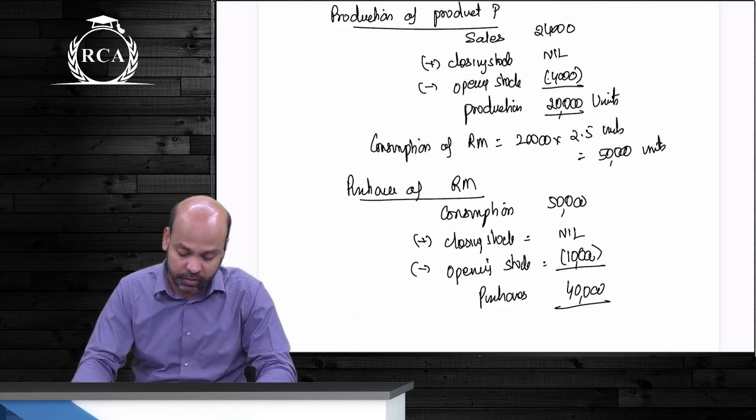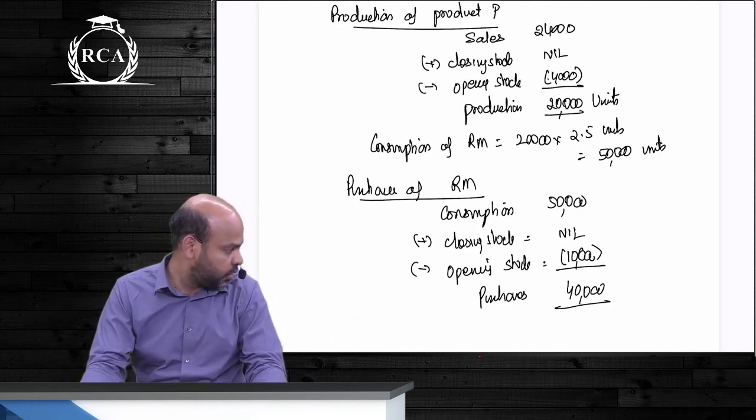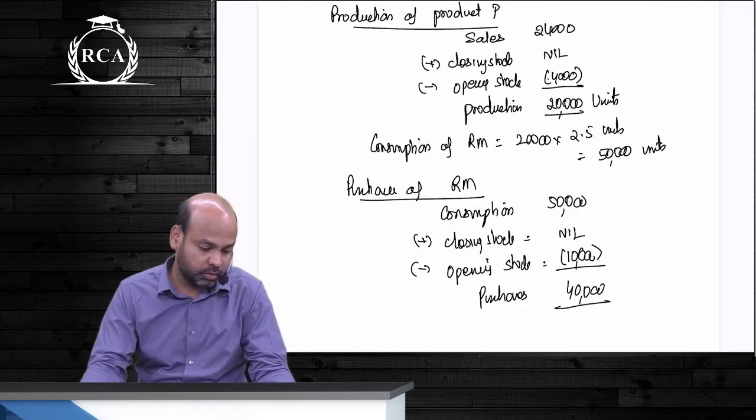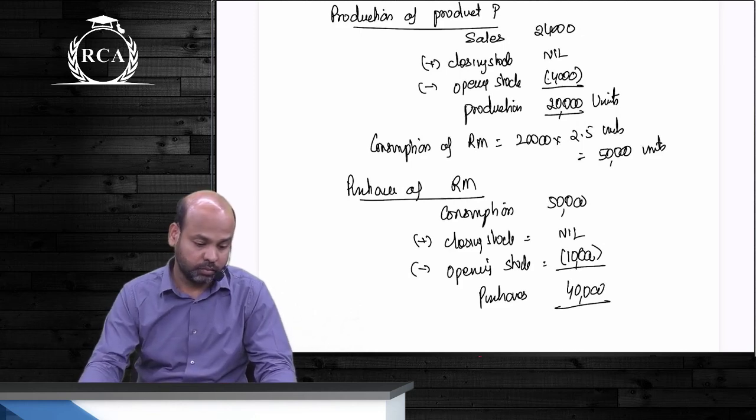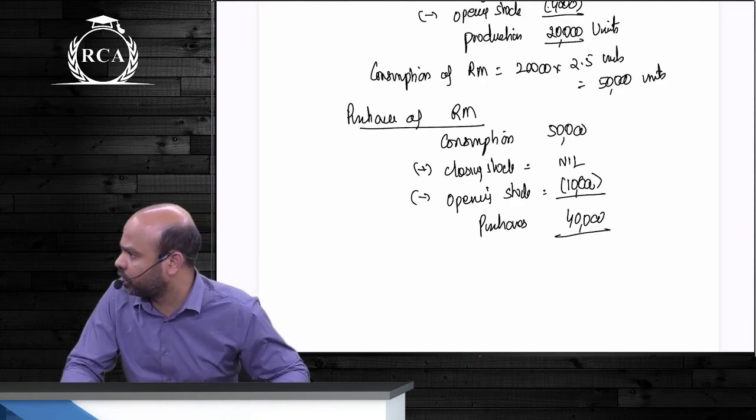Purchases of raw material is 40,000 units. Any doubt in this?